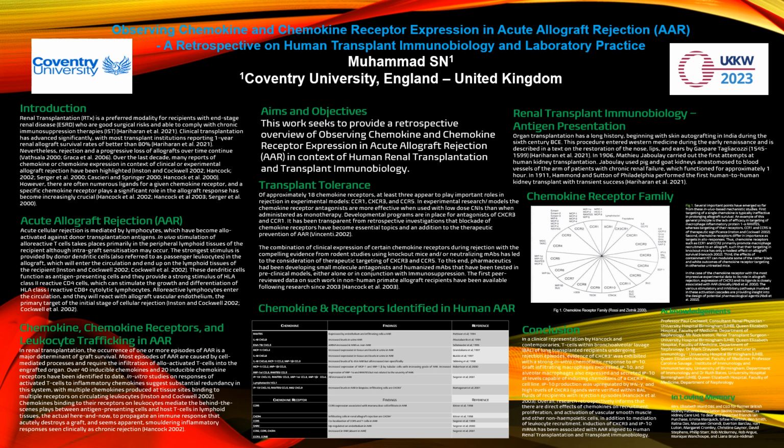And overall, research retrospectively informs that there are direct effects of chemokines on recruitment, proliferation, and activation of vascular smooth muscle and other non-hemopoietic cells, in addition to mediation of leukocyte recruitment. Induction of CXCR3 and IP10 mRNA has been associated with acute allograft rejection, aligned to human renal transplantation and transplant immunobiology.